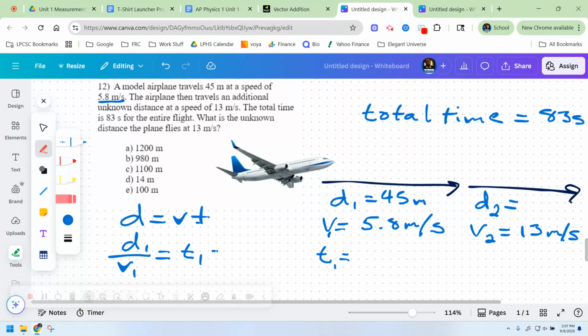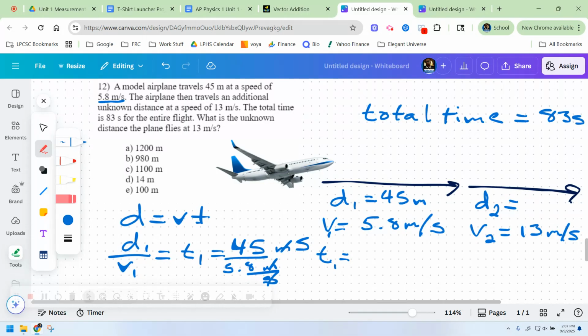And so what's that? Well, I would say 45 meters divided by 5.8 meters per second. The meters will cancel, and then the second gets tossed up to the top.